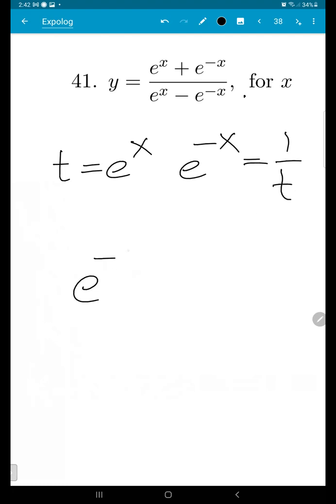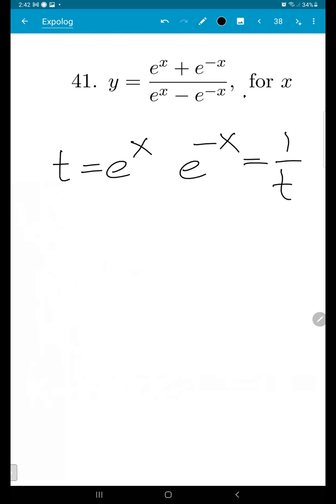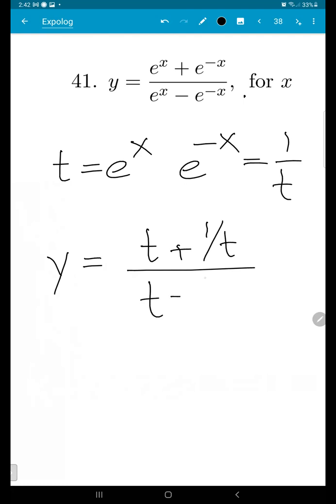First denote by t the variable e to the x, and you should be able to write e to the negative x, since e to the negative x is just the reciprocal of t. So the equation now becomes y equals t plus 1 over t, all over t minus 1 over t.